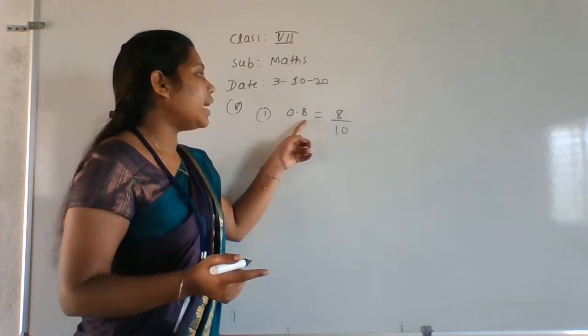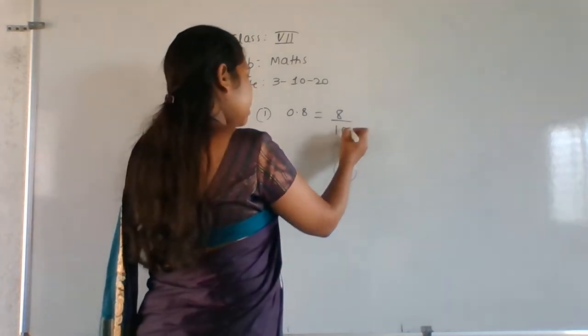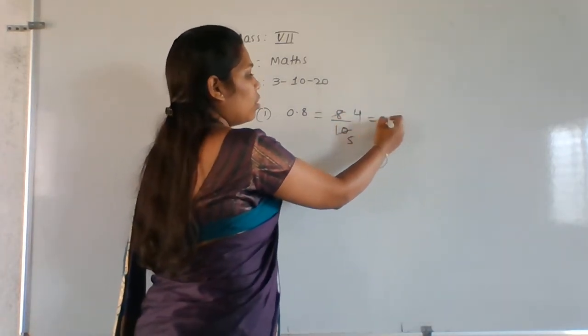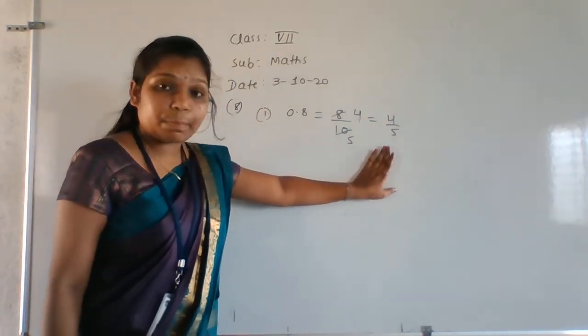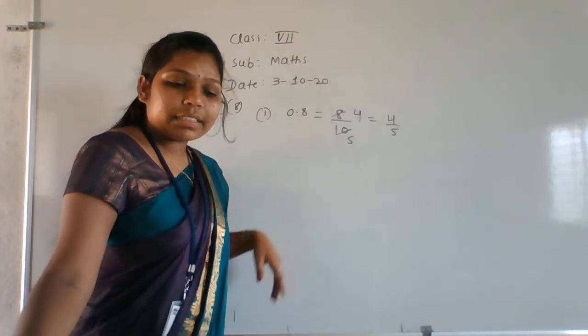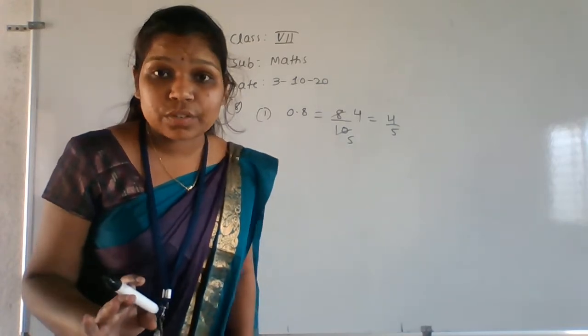So here 0.8 is nothing but 8 by 10. 8 by 10, again cancel the values. 2 4s are 8, 2 5s are 10. What is the answer? 4 by 5. 4 by 5 is the simplest fraction. We got the fraction as 8 by 10, but they told us to convert the fraction to the simplest form.